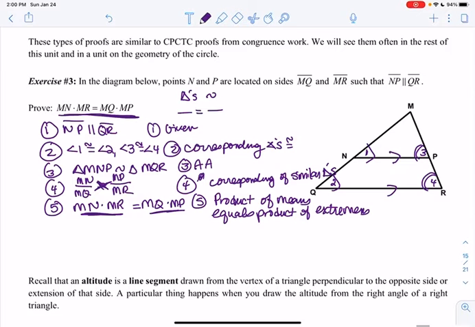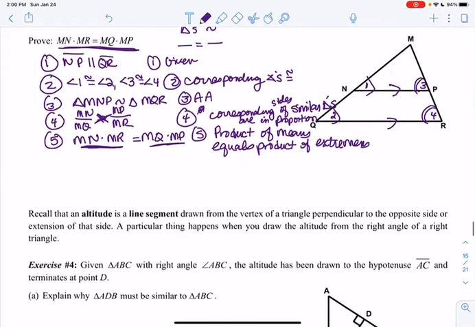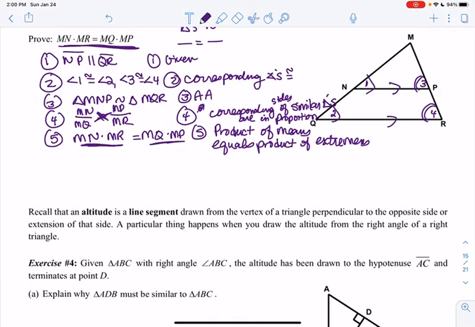The corresponding sides of similar triangles are in proportion. Okay, so I prove the triangles are similar by angle, angle. I say those corresponding sides are in proportion, so I write the proportion, and then I can cross multiply, and I say the product of the means equals the product of the extremes.